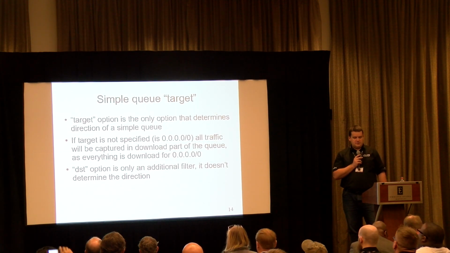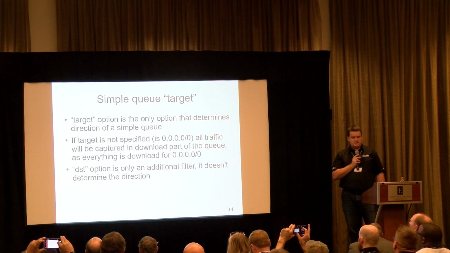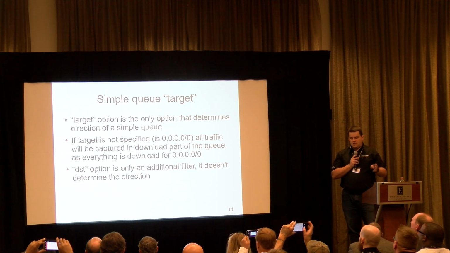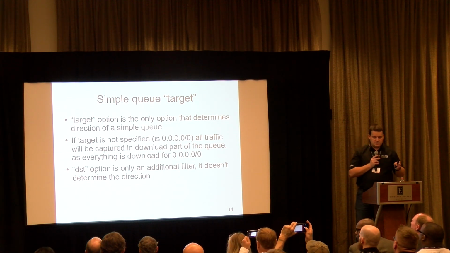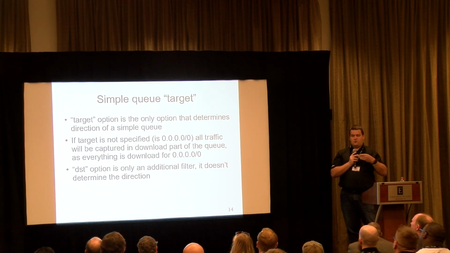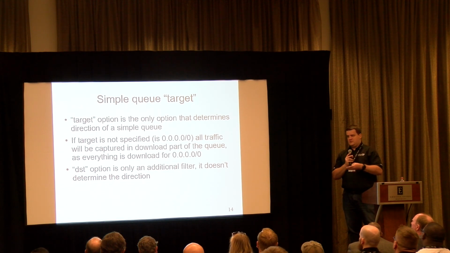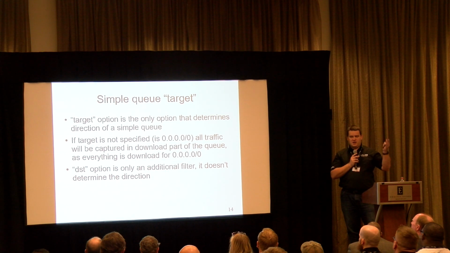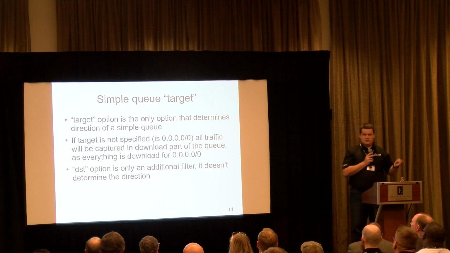If we take a look at a simple queue, the target option is the only option that determines the direction of the simple queue. You know, in a simple queue you can specify upload and download, but the only way to specify which is upload and which is download is by specifying target. So if you do not specify target, target is actually 0.0.0.0/0.